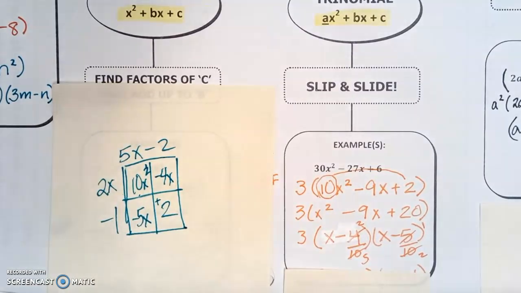Then once you reduce that 4/10 all the way down to 2/5, that becomes your 5x minus 2. Then you're going to reduce your 5/10 down to 1/2, and that becomes your 2x minus 1.